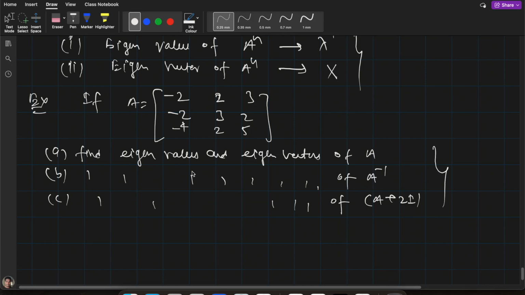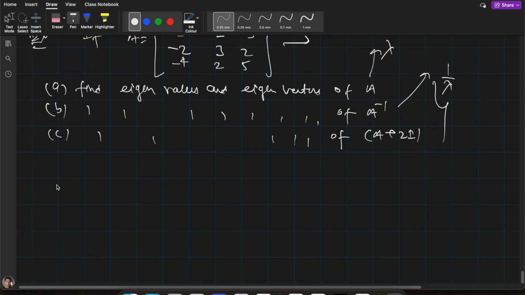That is fine, but I need eigenvalues and eigenvectors. You're right, it will be scaled by how much? If for matrix A it is scaled by lambda, then what will it be scaled by for A inverse? Lambda inverse, meaning 1 by lambda. Okay, let's move.